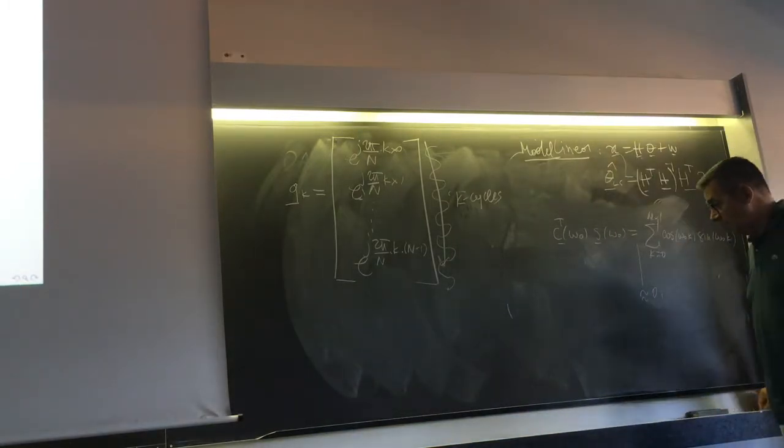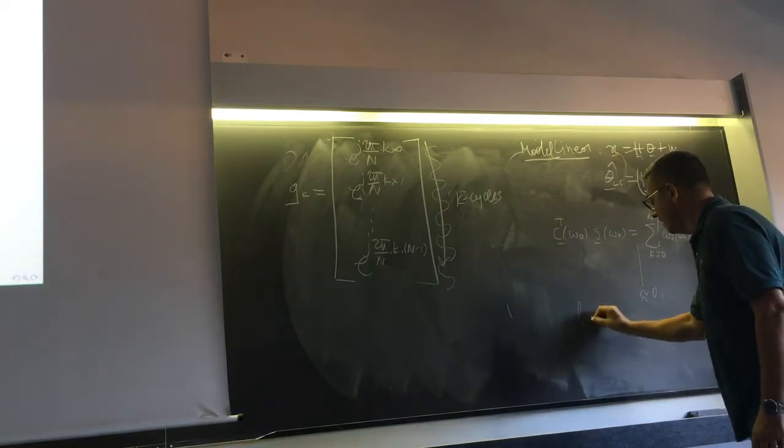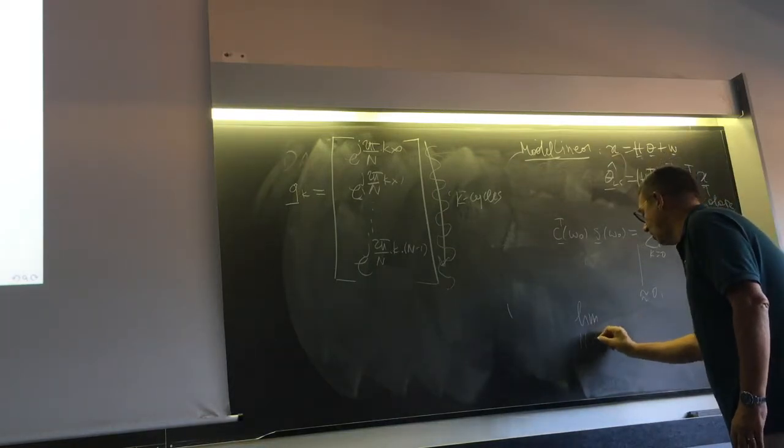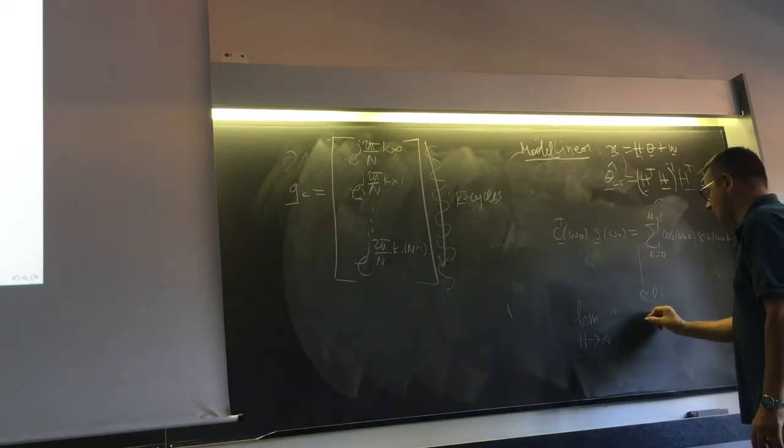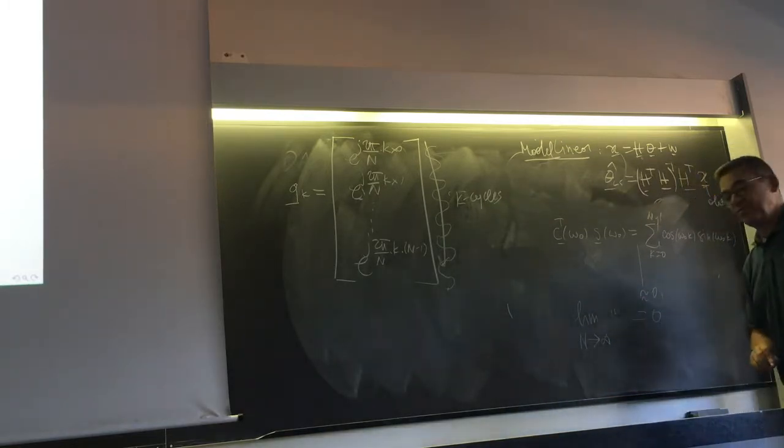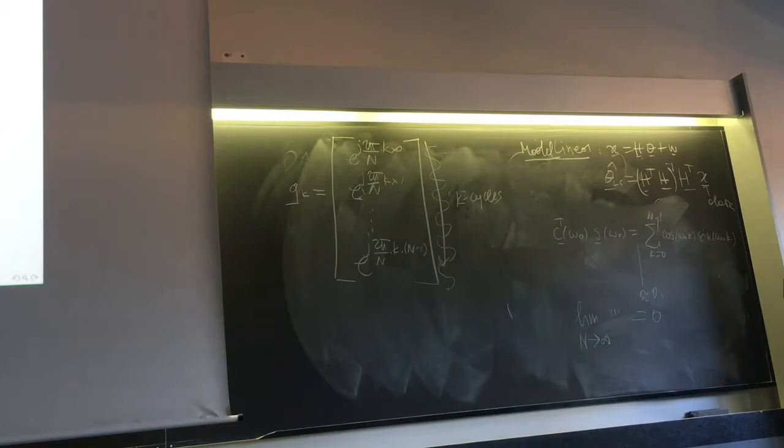So if I write the limit for n going to infinity of that one, then you know this one is equal to 0. Right? Now, why is that? Because I need to put cosine and sine. The cosine and sine, they cancel each other. But what is this? This is a product.